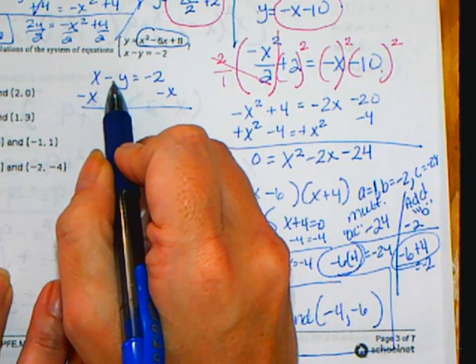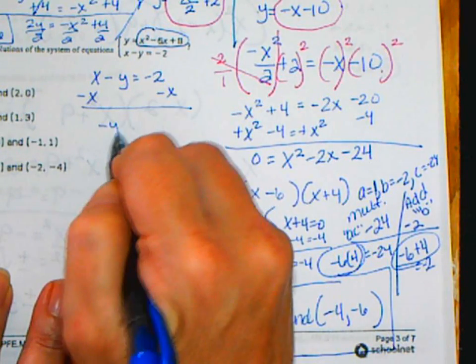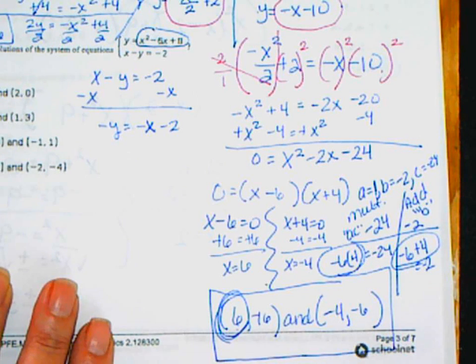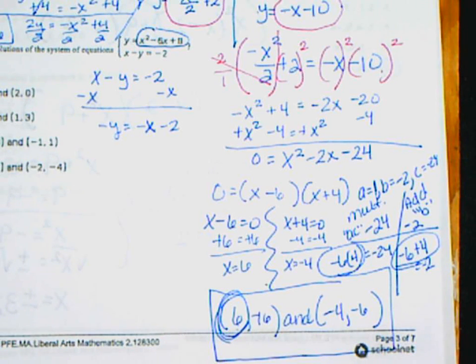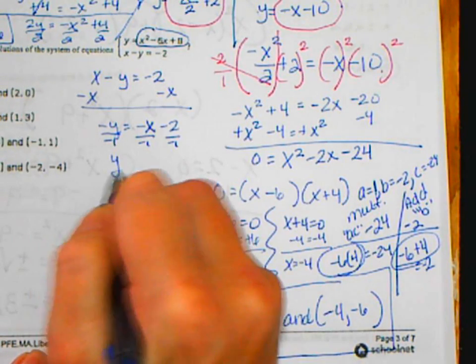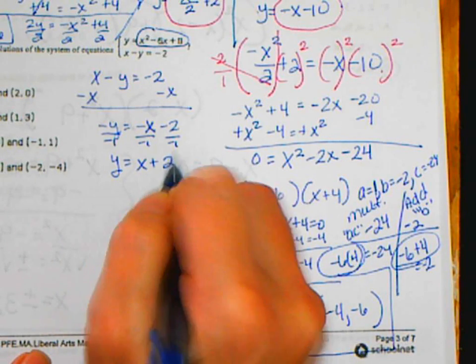So I don't have y, I have minus y equals minus x minus 2. Have I isolated the y? Yeah. I've got to divide by negative 1, exactly. So y equals x plus 2.